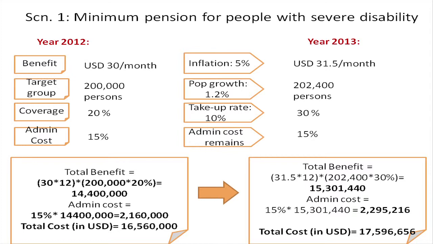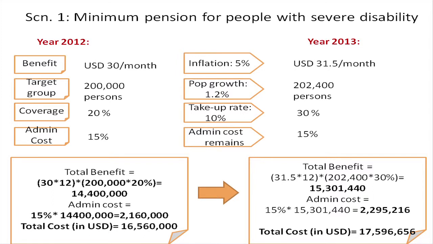The coverage at the moment is 20%, and the admin cost is 15%. These are simplified figures, of course. In the actual costing, the numbers are not as round as this. But basically, these are the decisions that we took.